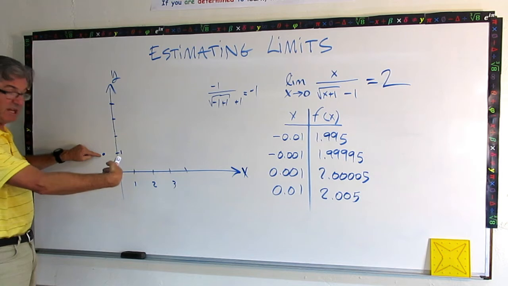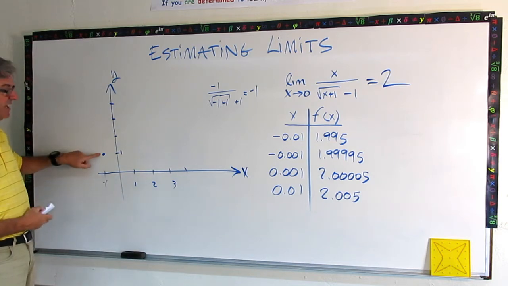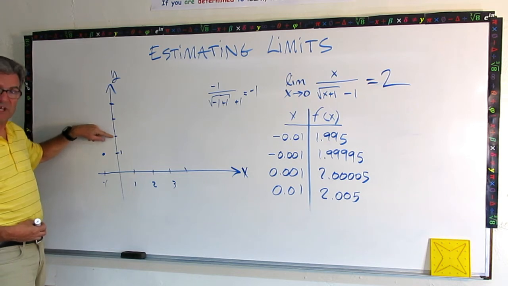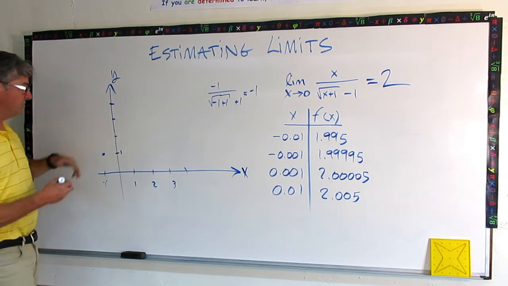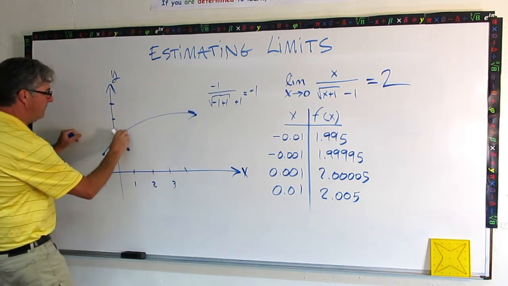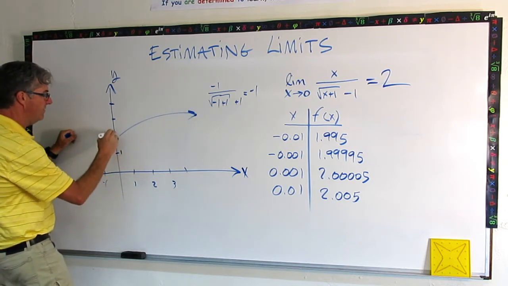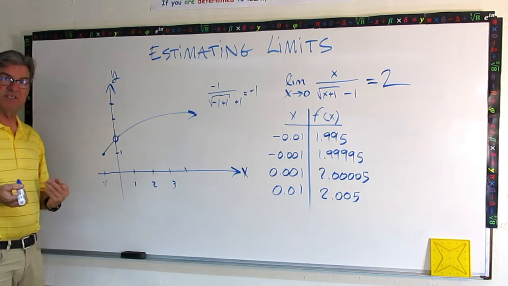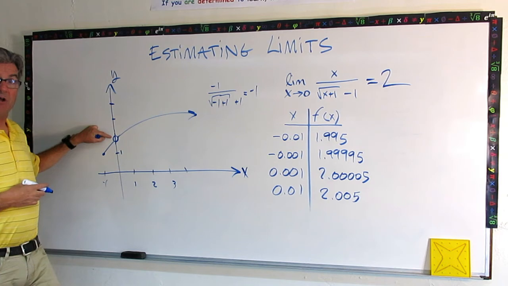So my furthest left point here is going to be at -1. Okay? And then the function heads right to 2, because that's our limit. But it can't do 2. So what we do is we're going to graph it something like this, and we're going to put a little circle around that.